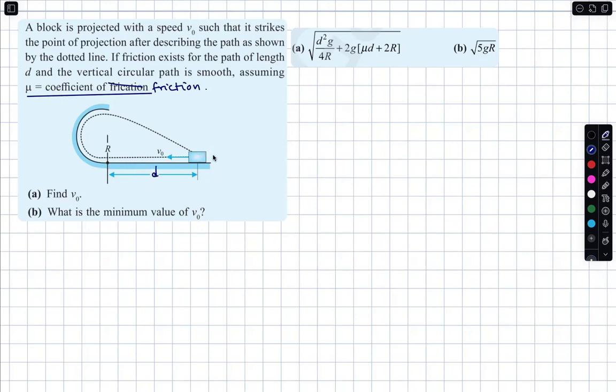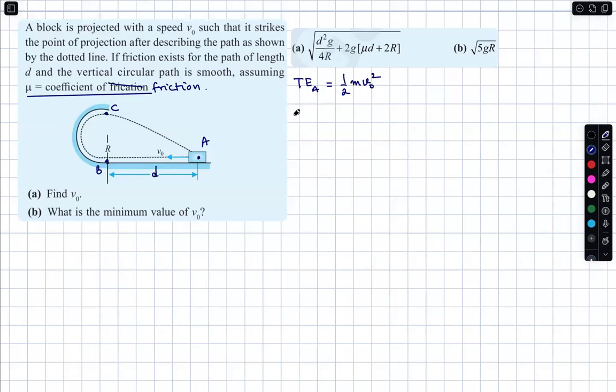This is the point A, this is the point B, this is the point C. You know the total energy at A is half m v naught square.